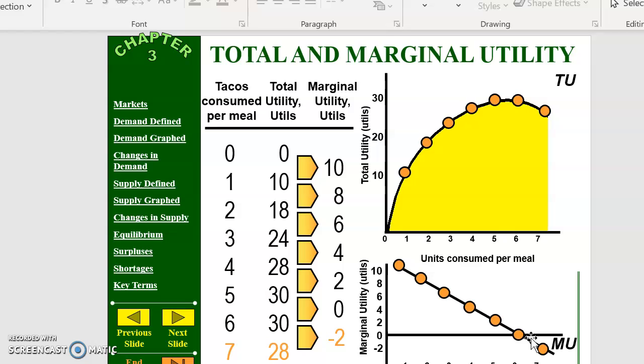If you're taking money out, taking a withdrawal rather than a deposit, your total balance is going down. That's kind of how I look at marginal utility: positive marginal utility, increasing total utility; negative marginal utility, decreasing total utility.